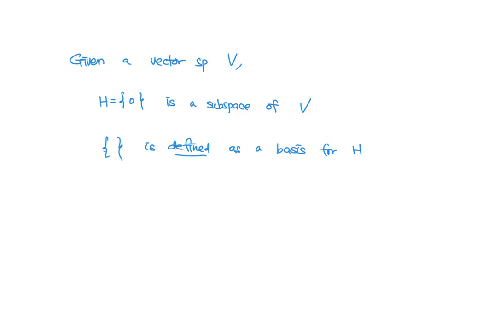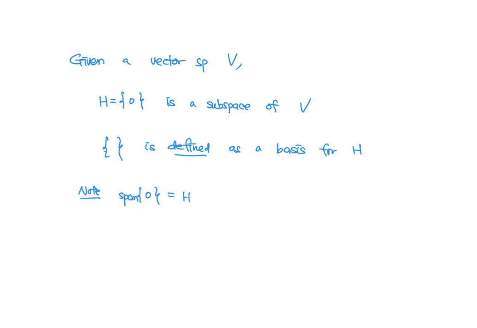The empty set. Note that some students want to consider the set of zero as a basis. Now, when I consider this set of zero, its span will be H. That is correct.